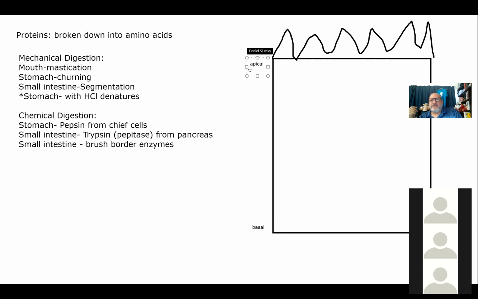All righty. Now, our goal is going to be to get those proteins across the apical border. Because remember, if it stays out here in the lumen, it's going to be lost from us. And as we remember back to 430, how important are amino acids? How important is it to get new amino acids so we can make new proteins?